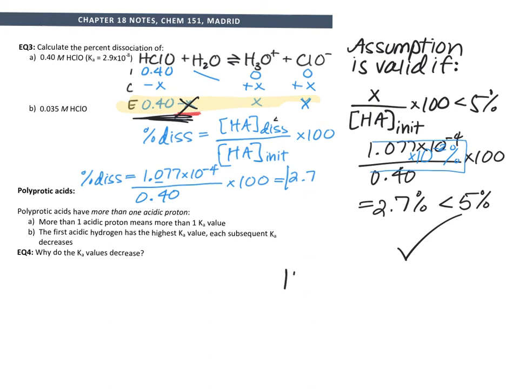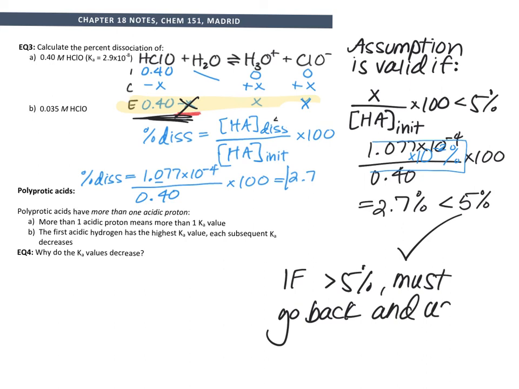If the assumption, or I'll make it even simpler terms, if it is greater than 5%, must go back and use quadratic. The reason the assumption is so nice for us is because it bypasses the quadratic.